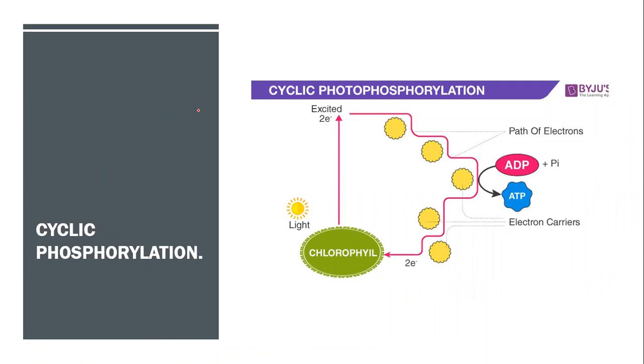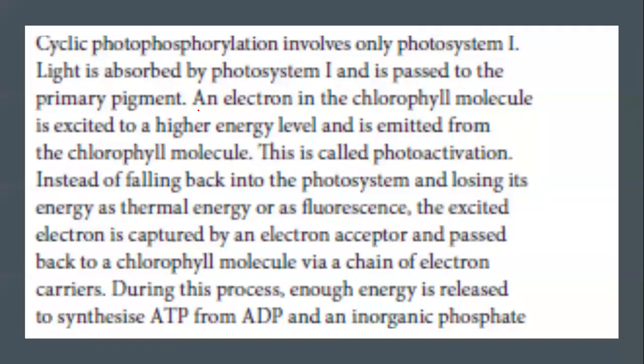Because it is returning the electrons back to the chlorophyll molecule. This is only done in photosystem 1. And this is going to lead to the production of ATP. And once the electron is back in the chlorophyll, it will again start the process.